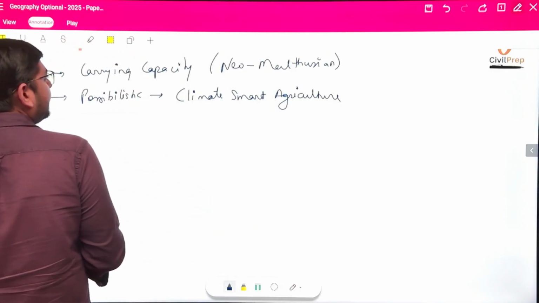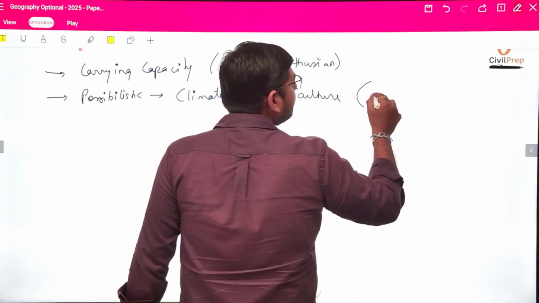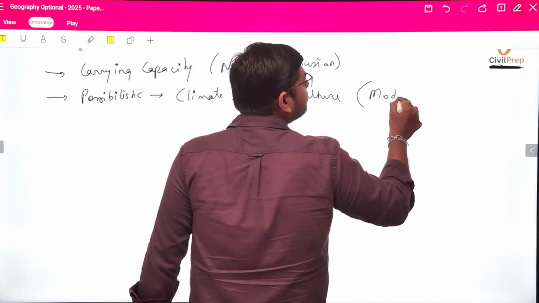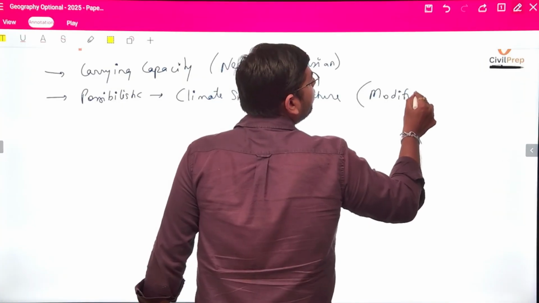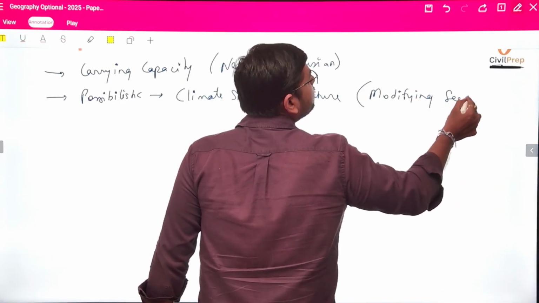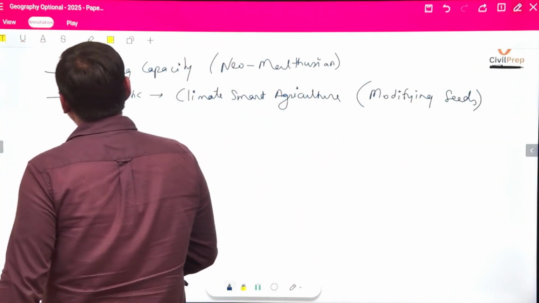In climate smart agriculture, we are modifying the seeds.